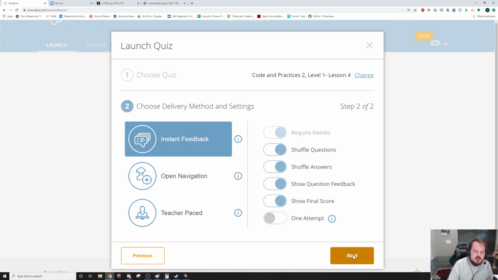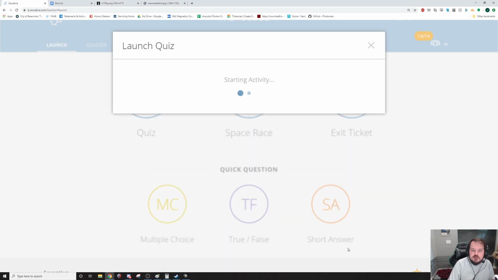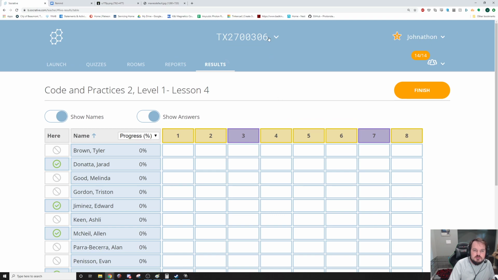Let me know if y'all prefer one attempt, which lets you leave and come back and finish the same quiz without having to re-answer the questions, but not multiple attempts. I think I prefer not being able to do it multiple times for you guys. But let me know what y'all think, which one you would prefer.